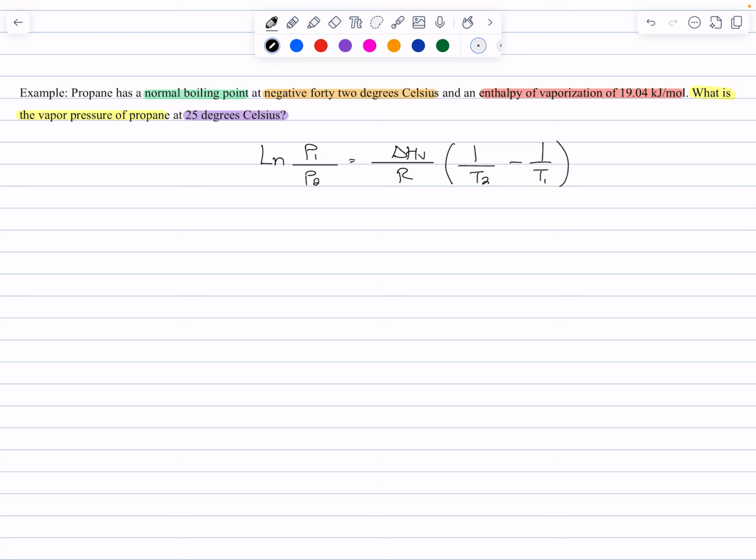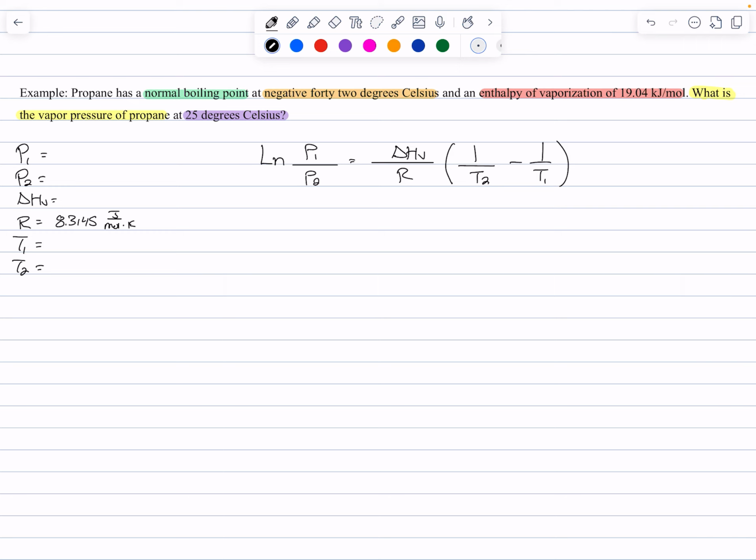So there's our equation, and let's put this together: P1, P2, delta H vap, R equals 8.3145 joules per mole Kelvin, T1 and T2.